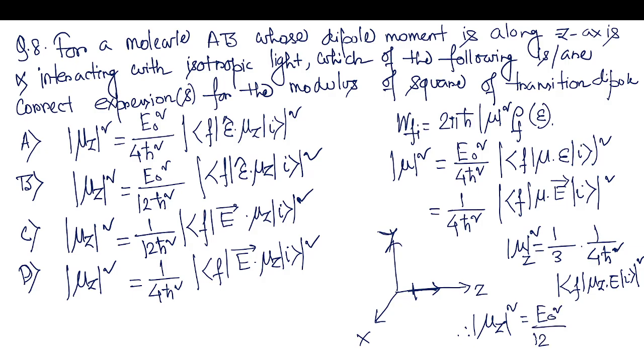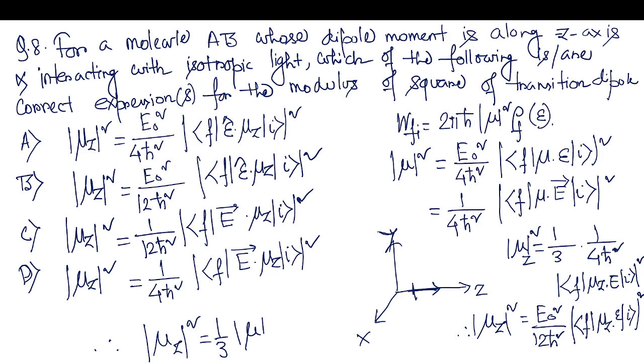So what we will get, or we can write like this. Okay. So option number B, square.